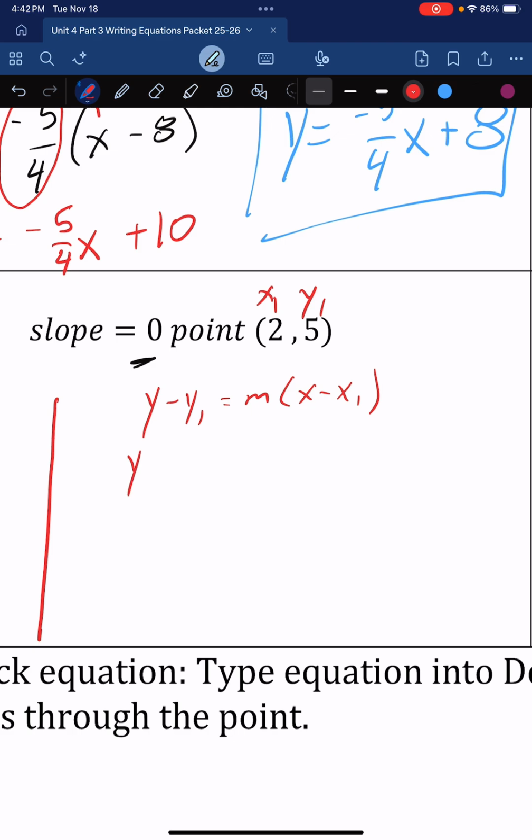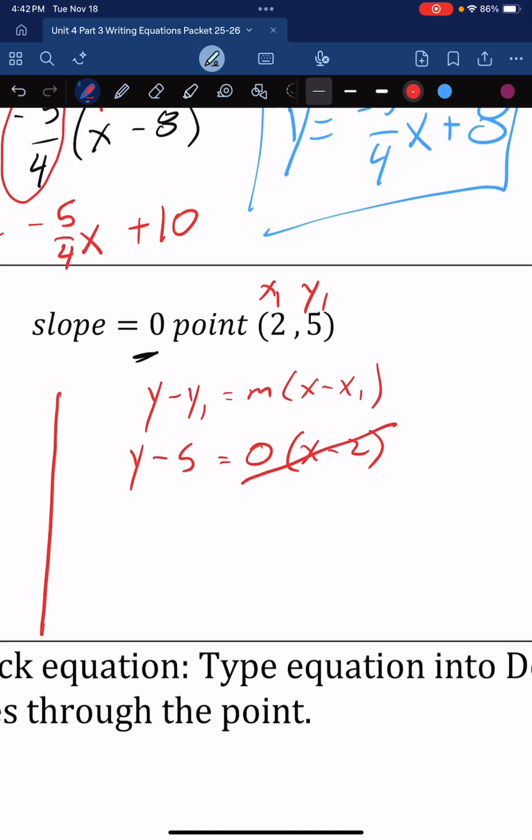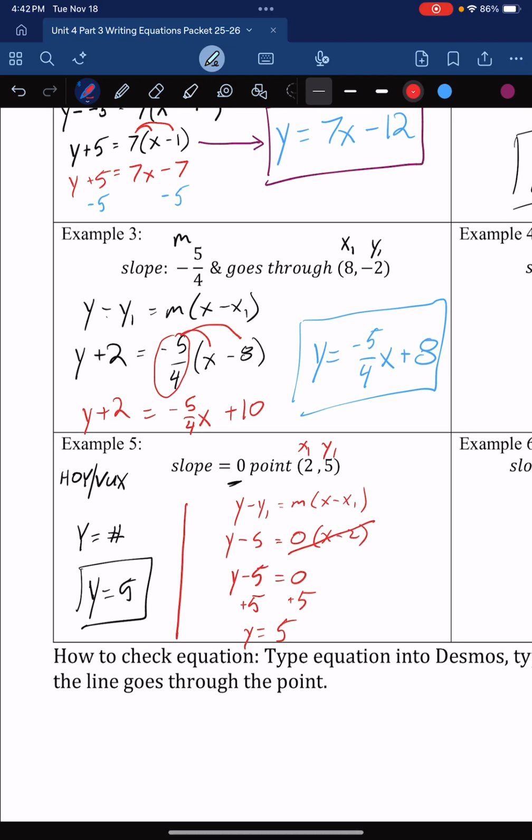And so that's going to be y minus 5 equals 0 times x minus 2. Well, that 0 on the outside of the parentheses is going to knock out everything on the right side. And so I get y minus 5 equals 0, which I could then add that 5 over to get the y by itself. And would you look at that, I get y equals 5 again.